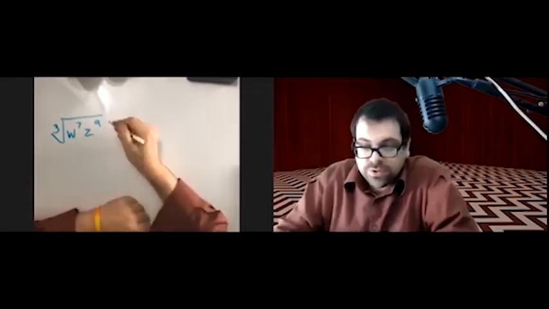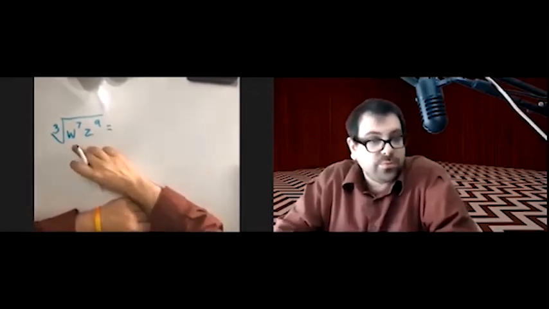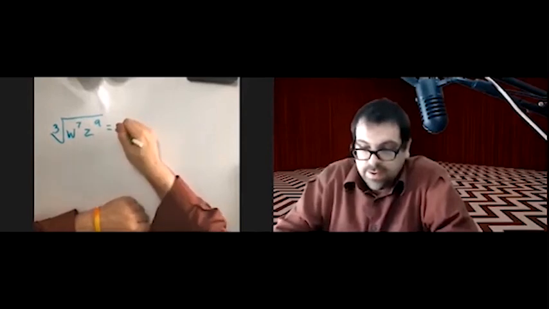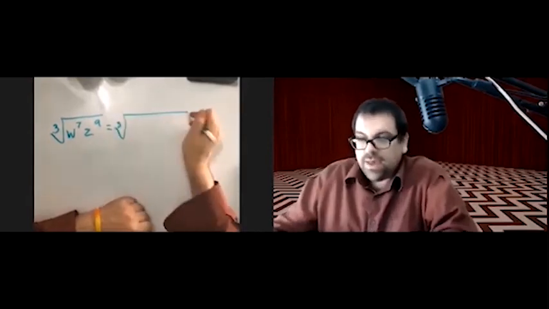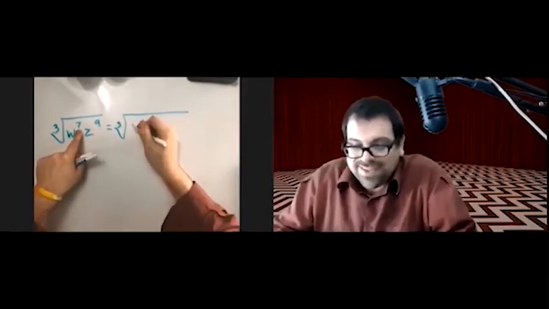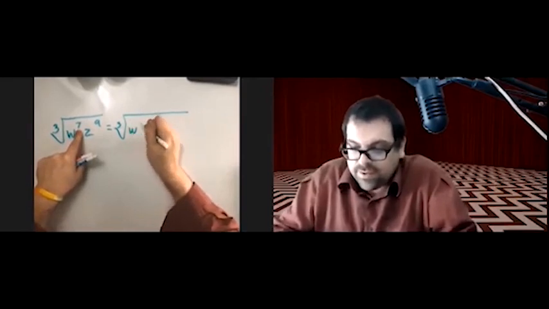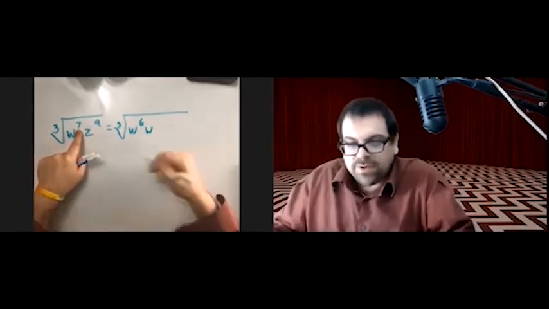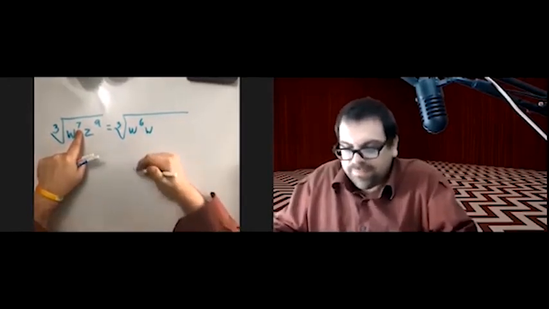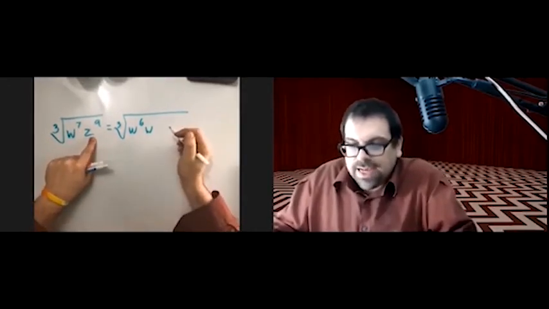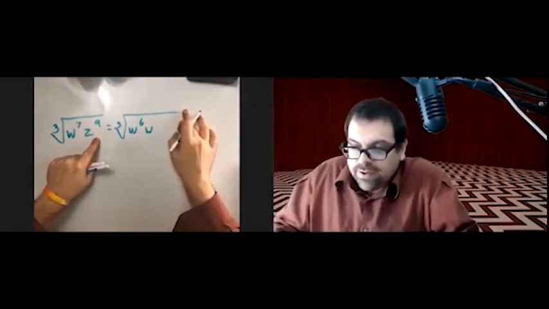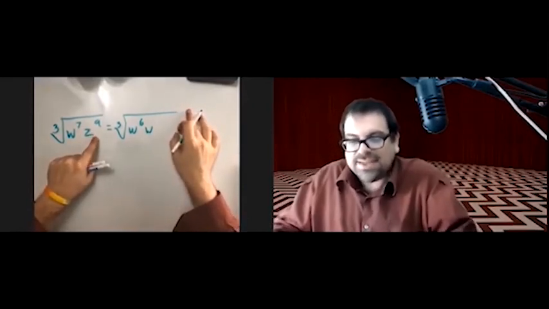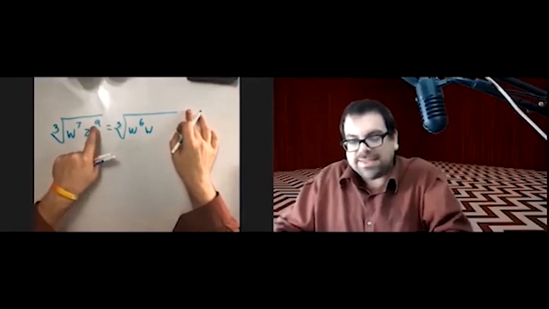So a cube root, we're looking for multiples of 3. The highest multiple of 3 that fits into 7 would be w to the 6th. And we'd need a w to the 1st. 6 plus 1 is 7. The highest multiple of 3 that fits into z to the 9th, that's 9 itself.